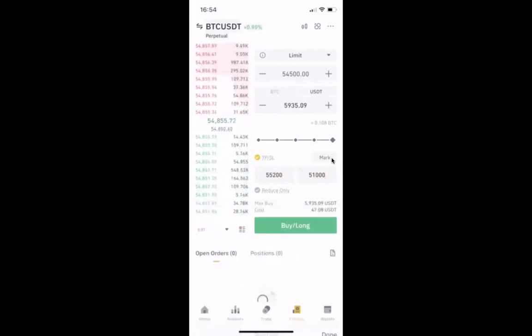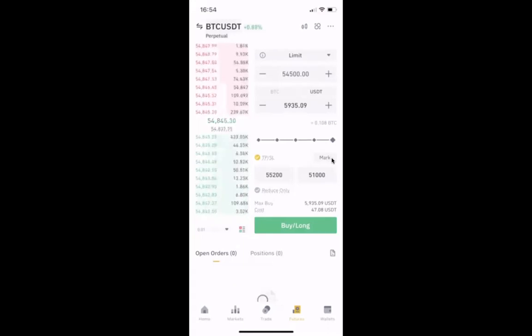The reason is that with entry we are buying, so we are expecting a pump. So we enter below the market price, believing that the market will get back to 54,500. And our TP, because we are long, we are expecting a pump. So our TP is above the current market price. Our TP must be above our entry.